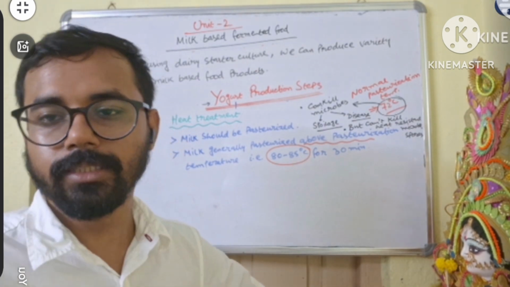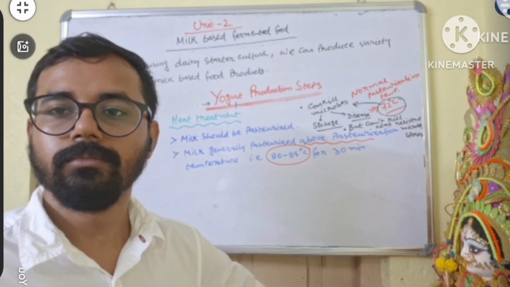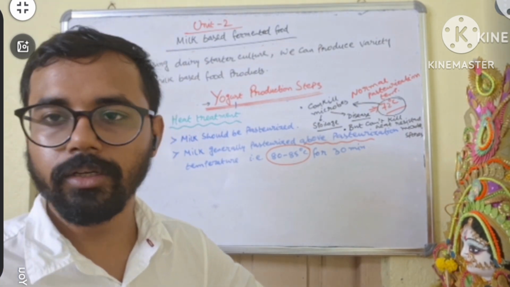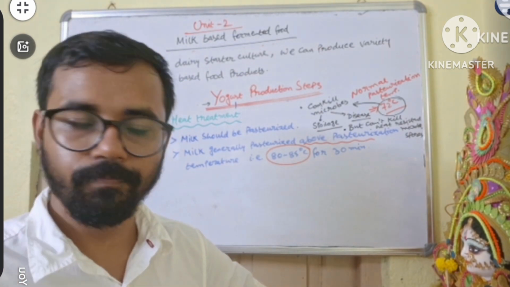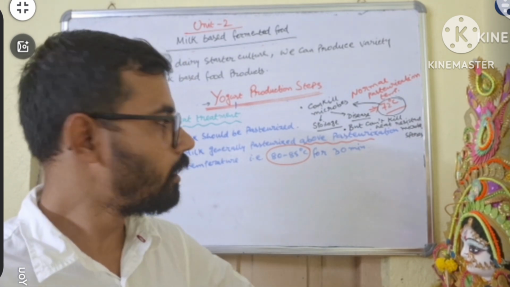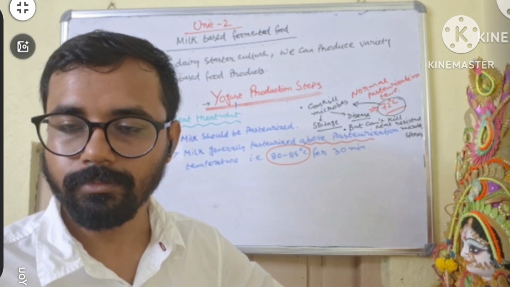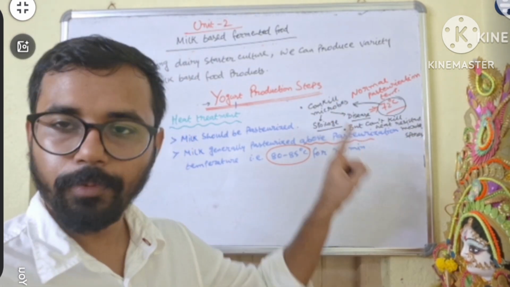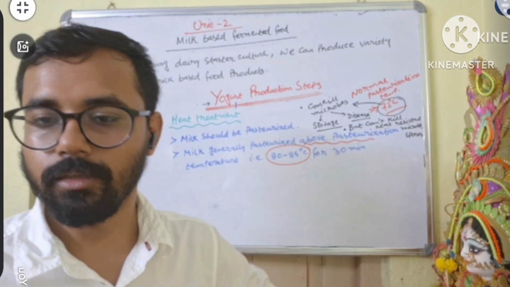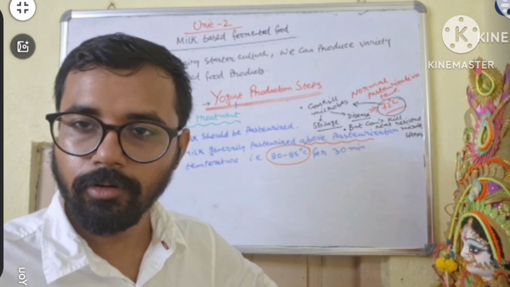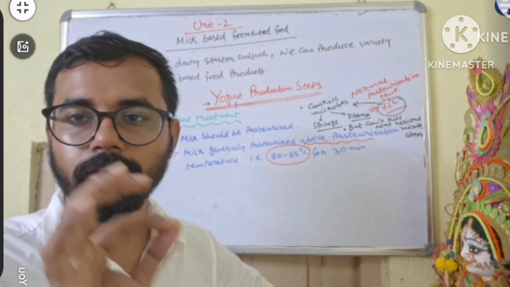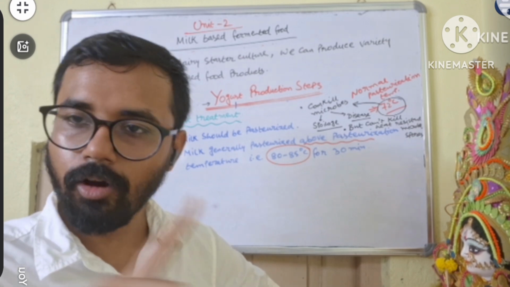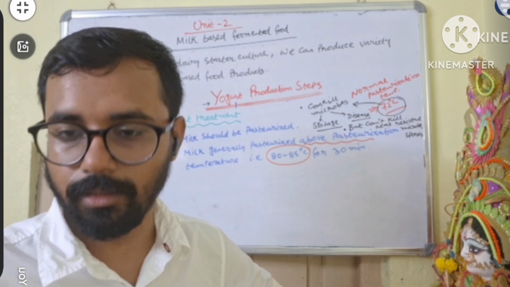So two things are missing in the pasteurization temperature. Number one, heat resistant microbes are not killed after the pasteurization temperature treatment, and number two, the spores also. But we need to kill those microbes and spores before yogurt making, because we need only the microbial strain in the starter culture to grow, and all other microbes should be minimal.